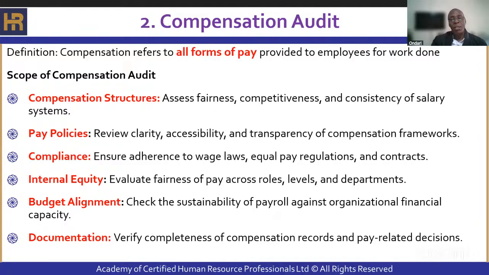Otherwise, there will be an organizational collapse if a lot of its revenues is used to compensate people. Then lastly, documentation of compensation. The records must be accurate and must be complete.